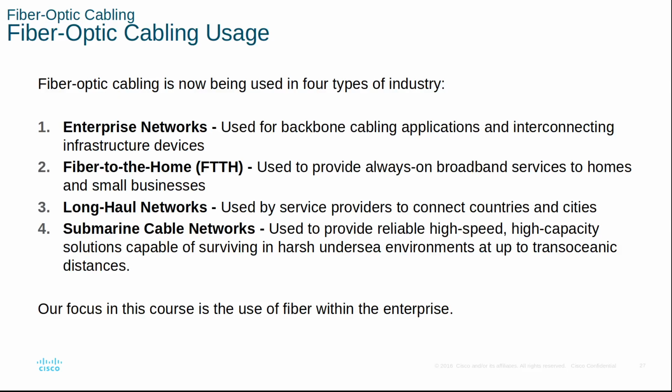It's used in long haul networks by service providers to connect countries and cities, and the internet actually uses fiber optic cabling. All of the continents in the world are connected with fiber optic cables that run along the ocean floor, interconnecting the different continents. That's how the internet works. They're submarine cable networks. So, it's pretty cool.